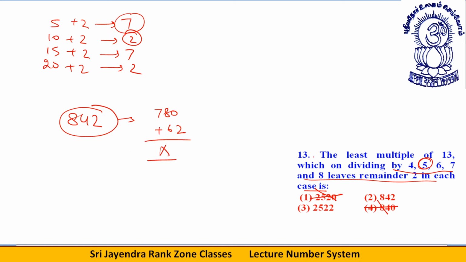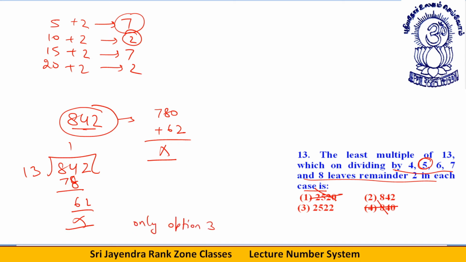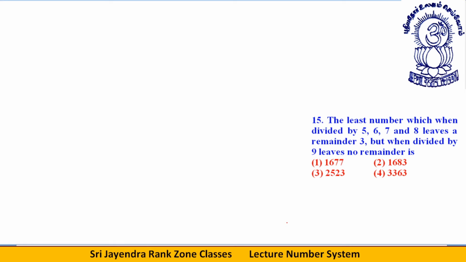Getting it, dear students? 842 when you divide by 13, 13 sixes are 78, what do you get? 62. This is not divisible by 13. So you have only option 3 possible. So easy way of doing it. Let's hurry up to the next question.